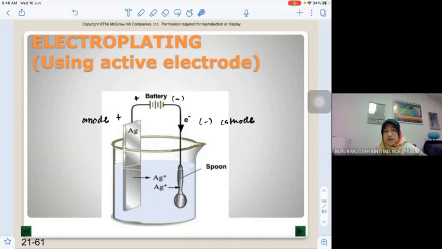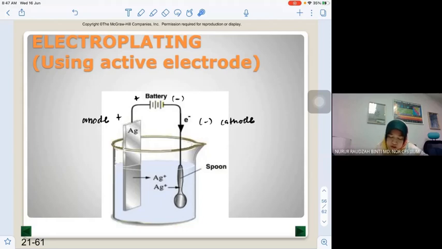Faraday's law states that the amount of the substance that is produced, in this case the amount of Ag solid at the cathode and Ag+ at the anode, is directly proportional to the charge that is flowing through the circuit.